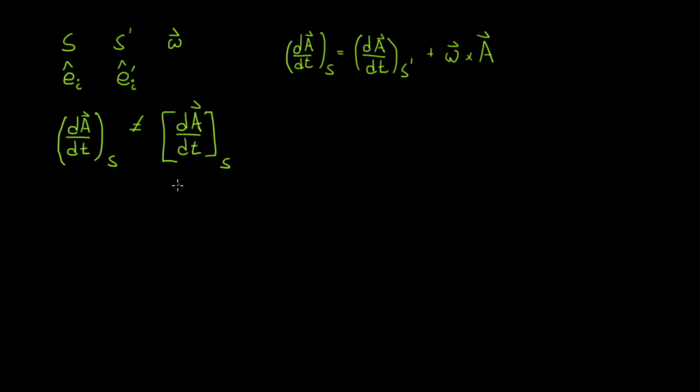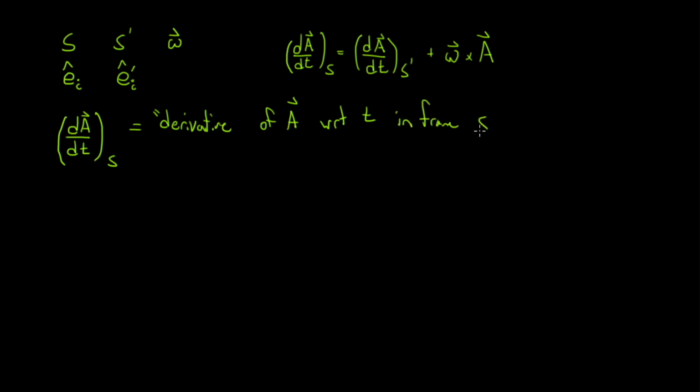This thing here we've described: we take the vector dA/dt and we express it in the S basis and we throw that into a column vector. Okay, that's not what we're talking about. What we're talking about here is the derivative of A with respect to time in frame S.